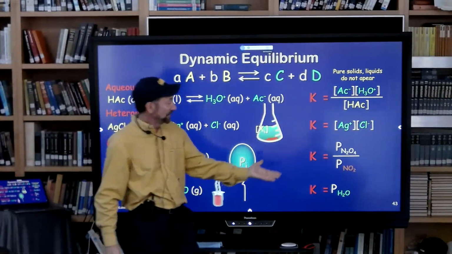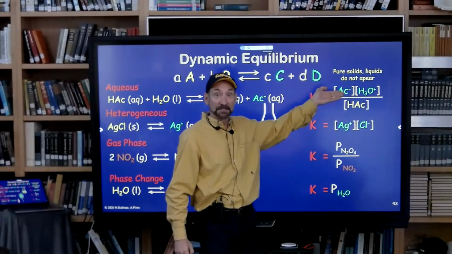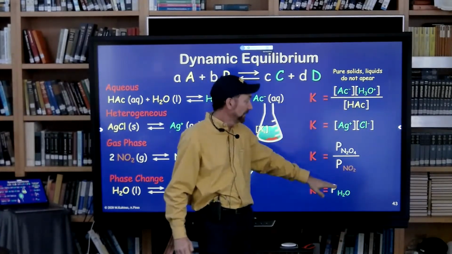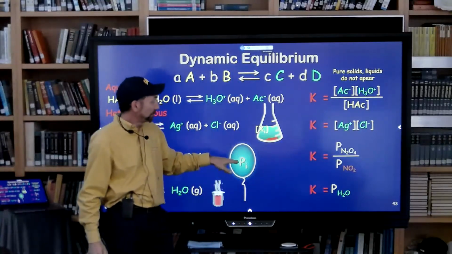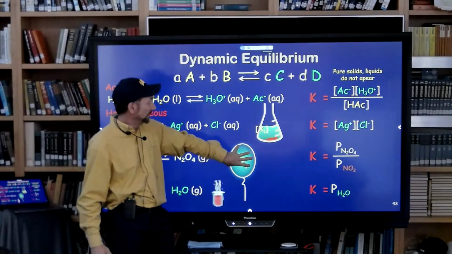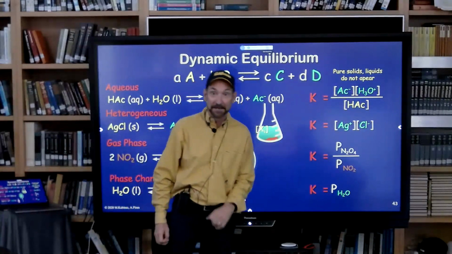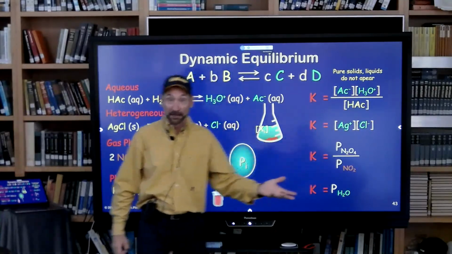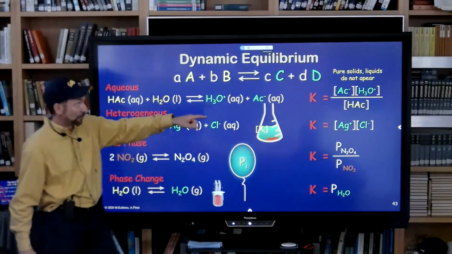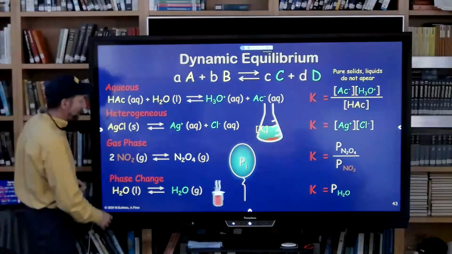So we'll remember in this case, pressures are very similar to concentrations in moles per liter. You could also write the pressure as moles per liter. If you had a liter volume balloon with a number of moles of gas in it, the more moles, the more pressure. The more moles here, the higher the concentration. So they go the same way.